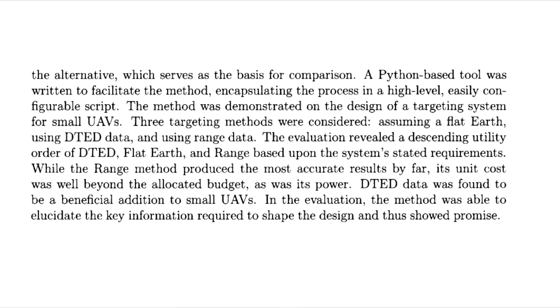In the 250-page document, quote, "3 targeting methods were considered: assuming a flat Earth, using DTED data, and using range data." The idea of using a globe Earth for targeting methods is not even considered. Why does flat Earth always seem to work so well as the default for such a wide variety of real-world applications if Earth is actually a ball?